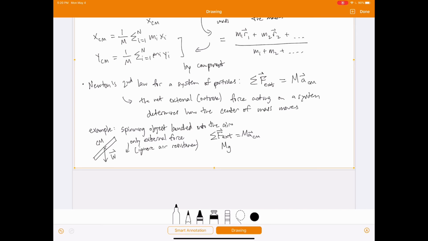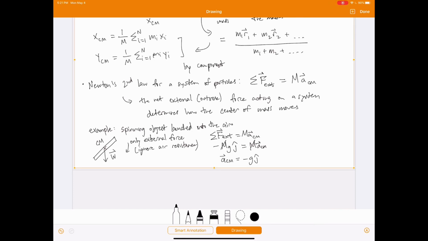But if I want to show that it's going down, I would put a negative sign and then the j hat unit vector to say we're going in the negative y direction. And then on the other side, we just have m times ACM. Well, the mass of this object obviously is just dropping out. And then what we get is ACM is equal to minus g times j hat.